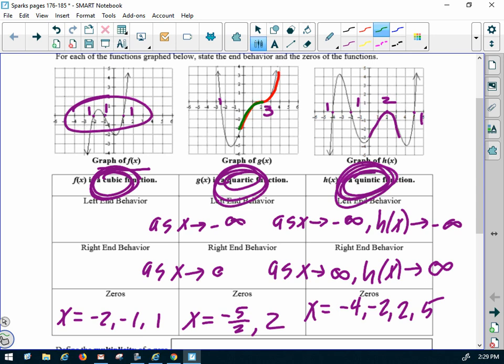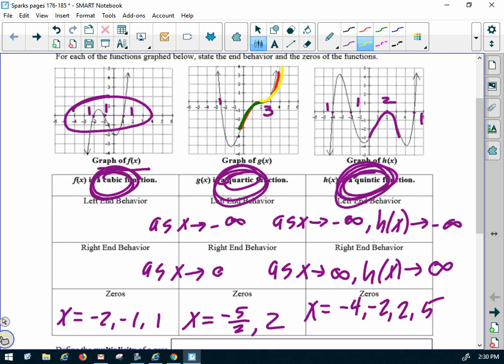When you have a curve that would shed water if it got rained on, that graph is called concave down. Concave down. When you have a graph that would catch water, that's called concave up.